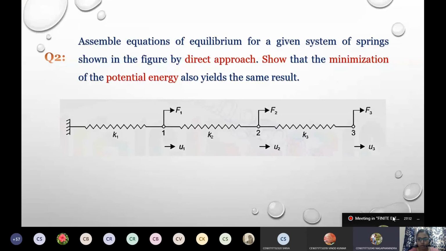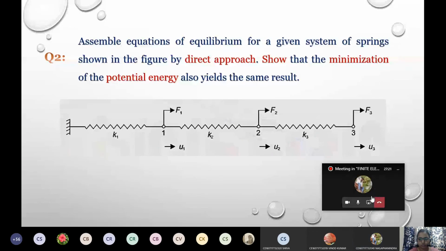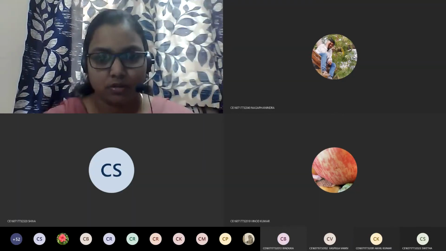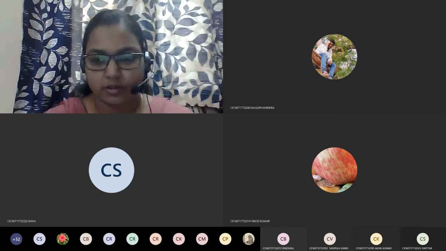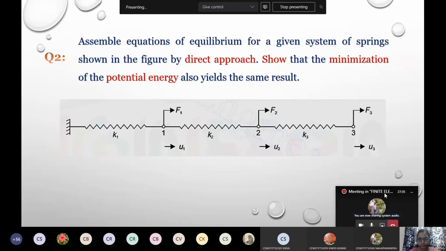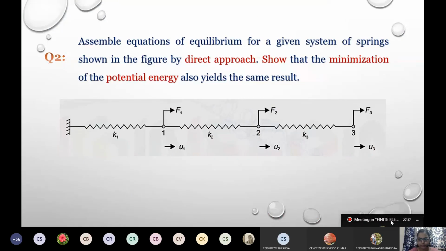You're not able to see the screen. Any of the other people have the same issue? All right. I'm sharing it again. Now please check. Are you able to see? Yes, ma'am. Okay, thank you. Now, please take the figure properly.